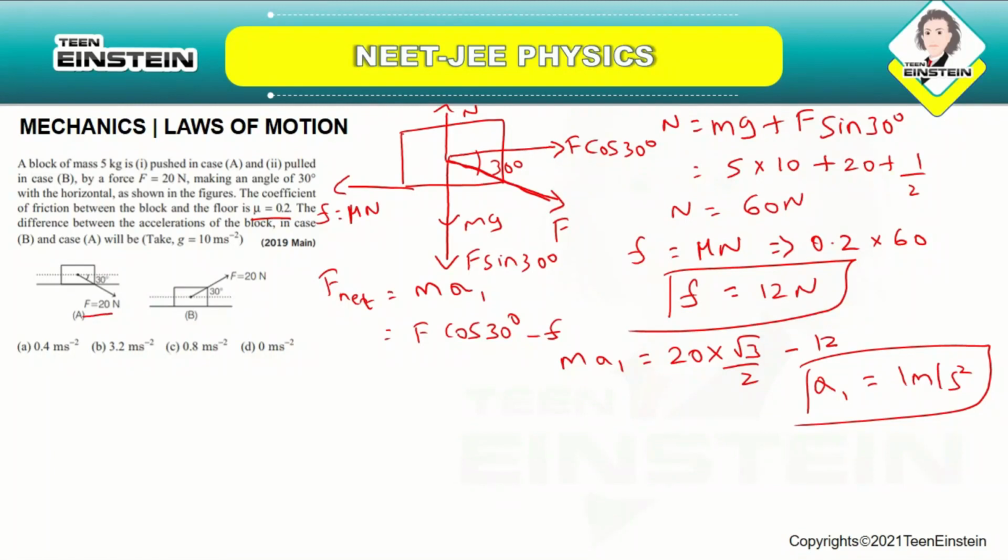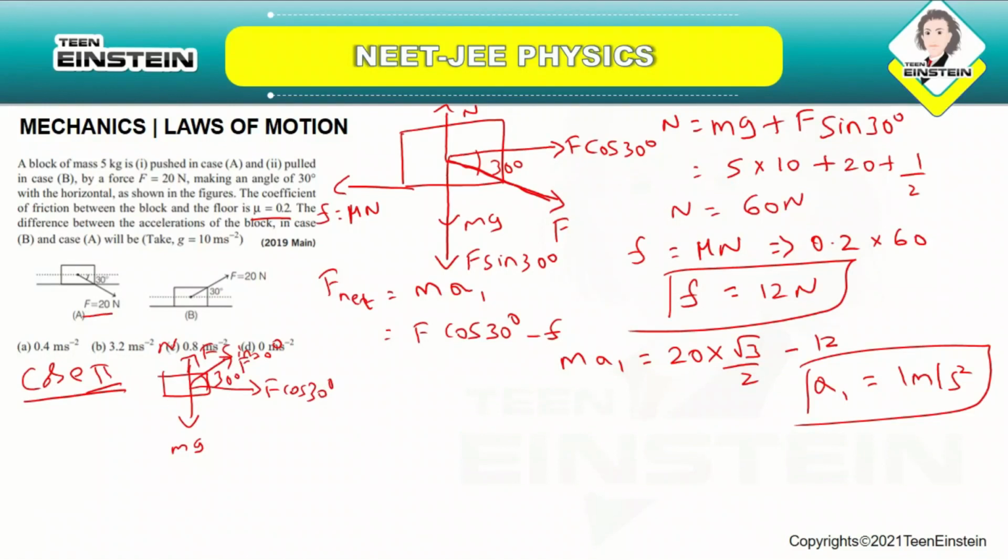Now in a similar manner you have to find out the a2 value for the second case. So you can go with the second case where the block is being pulled. You can draw the diagram for that. You will have mg over here, and you will have the block like this. Here it is F sin 30 degree and N, and here it is F cos 30 degree, and here you have the net force F, and this is 30 degree.